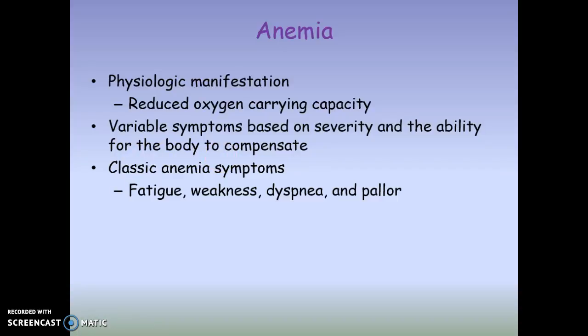These will depend on how quickly the state of anemia develops. Is there a very small bleed in the large intestine? Does a person suffer from bleeding ulcers and therefore could be losing a fair amount of blood constantly? One example is a female having heavy menstrual cycles close together, so her body simply cannot keep up with the blood loss. There are a lot of different factors that play into this, but classic anemia symptoms are fatigue, weakness, dyspnea, and pallor.